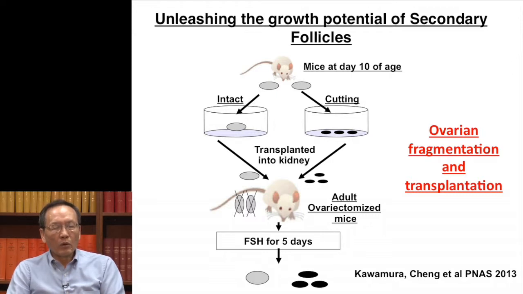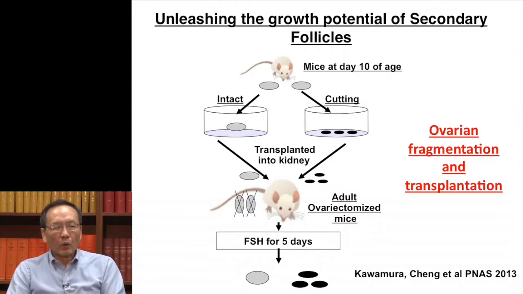we took out the mouse ovary, and this is from a day 10 animal. Because they have secondary follicles and smaller follicles, the largest follicle is a secondary follicle. So we wanted to ask the question, can we cut the ovary and promote the secondary follicle to grow?